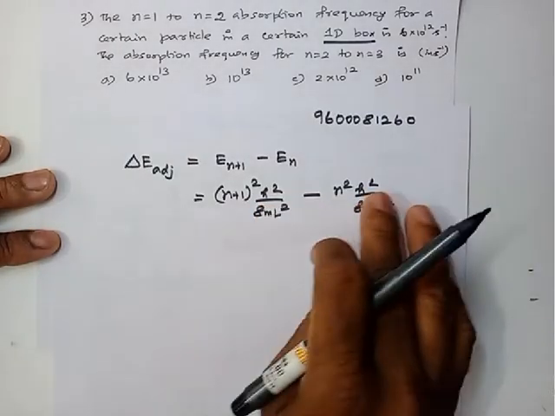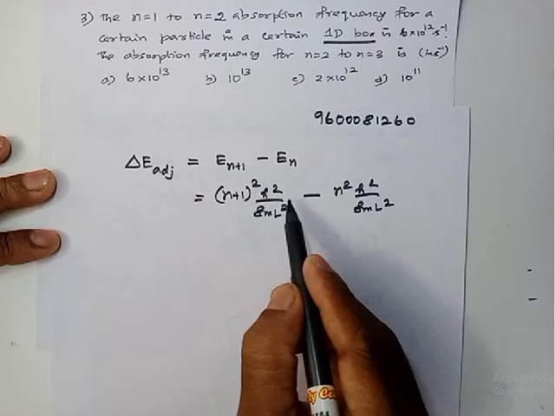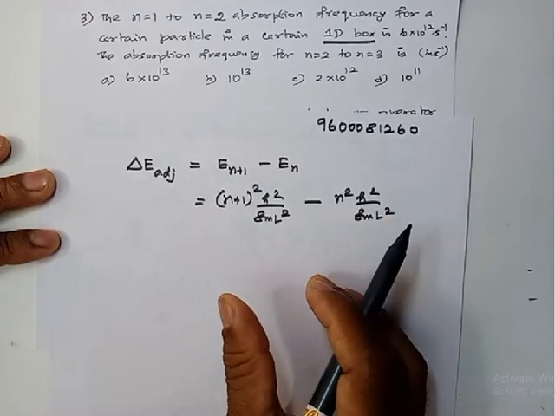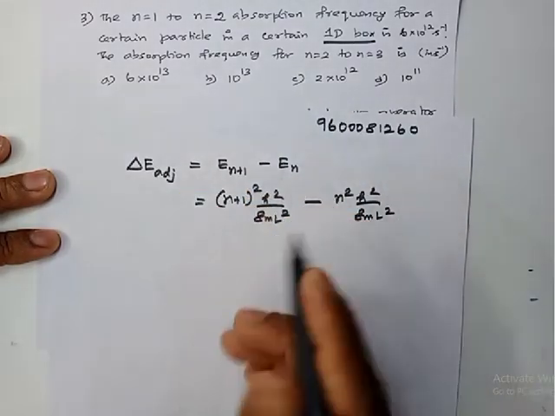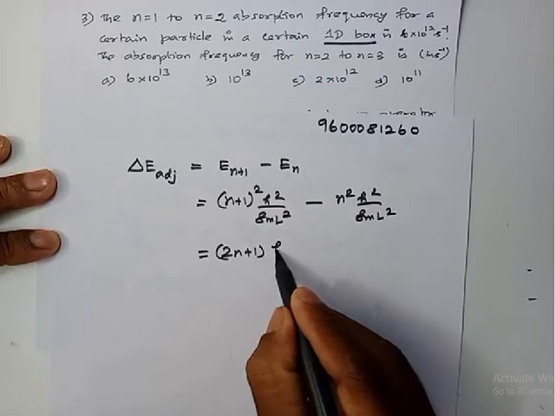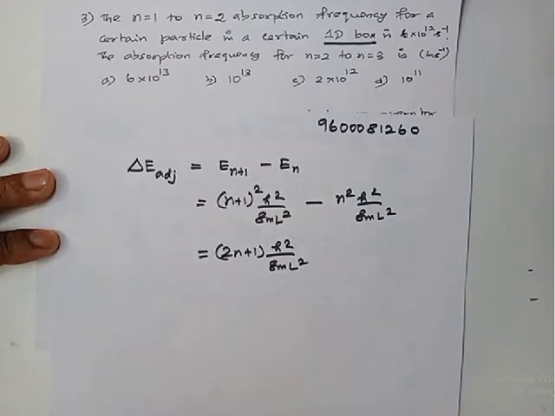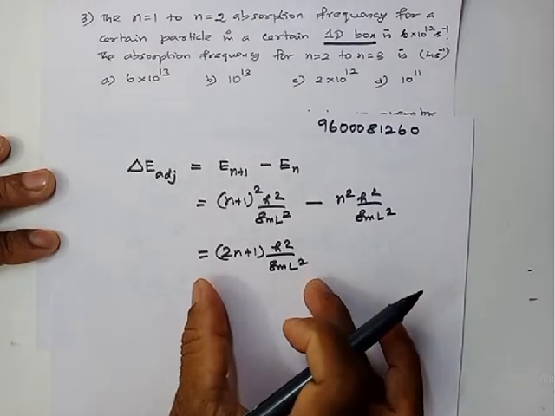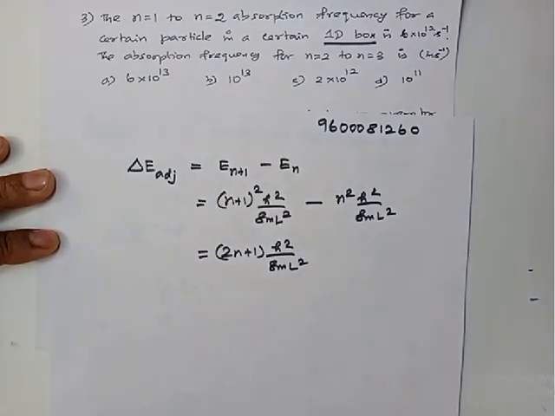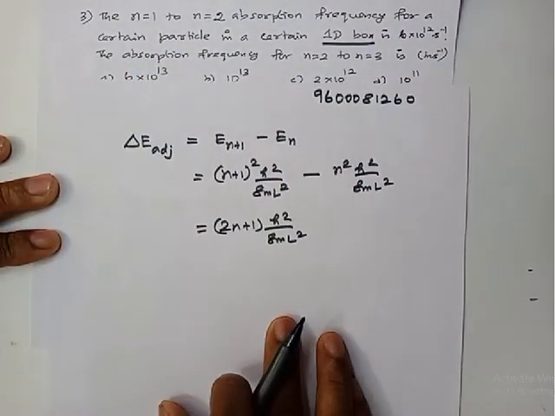H square by 8 ml square is common, so you can take it out, and you will get n plus 1 whole square minus n square in the bracket, and if you use the a plus b whole square formula you will get this result: 2n plus 1 times h square by 8 ml square. So this is the gap between adjacent levels.